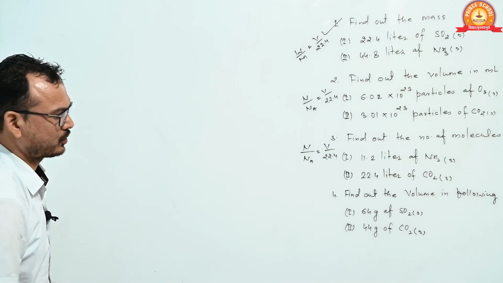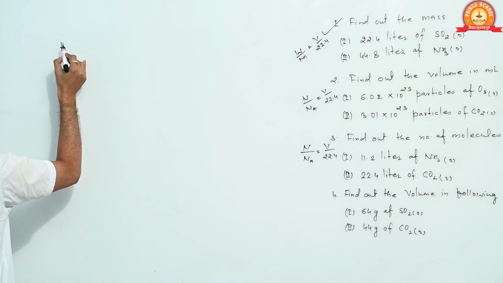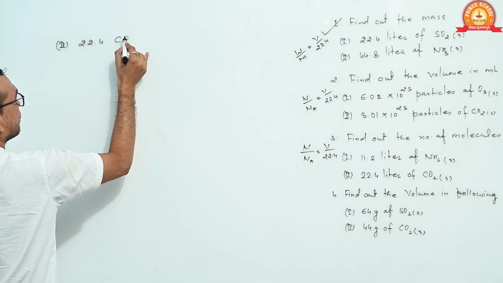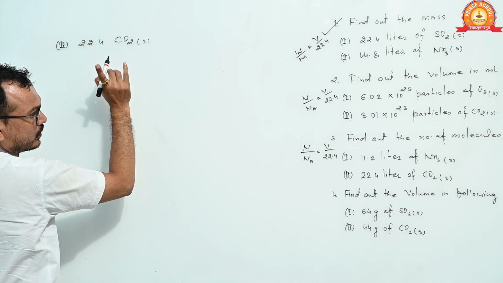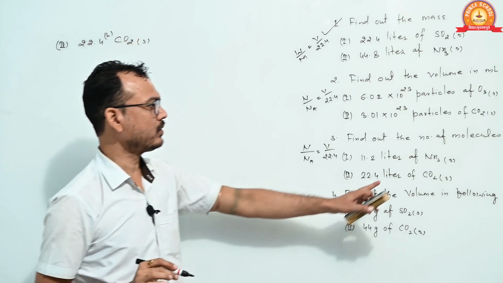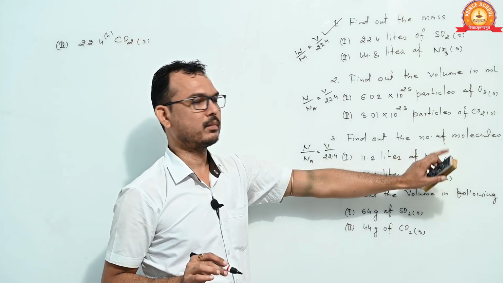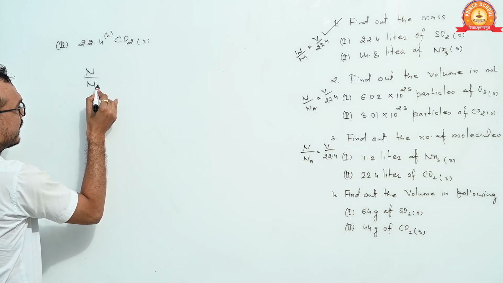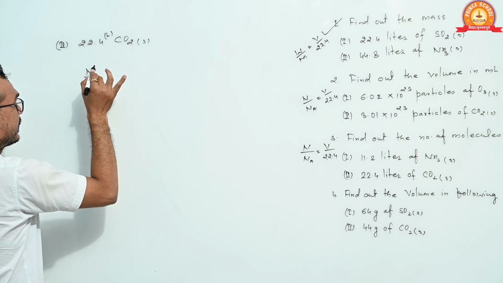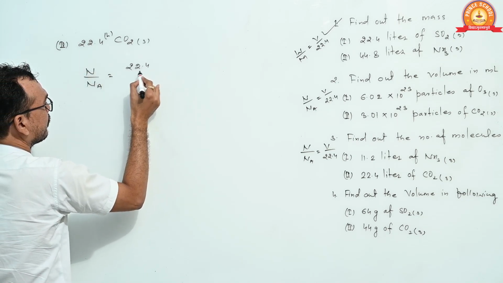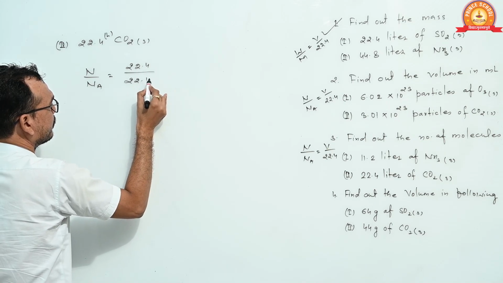And the second type is 22.4 liter of CO2. और क्या निकालने हैं आपको? We are going to calculate the number of molecules. We know that n upon Na is equal to 22.4 divided by 22.4.